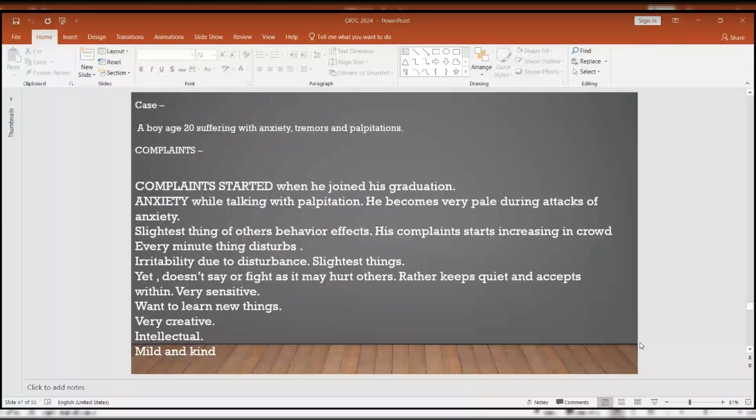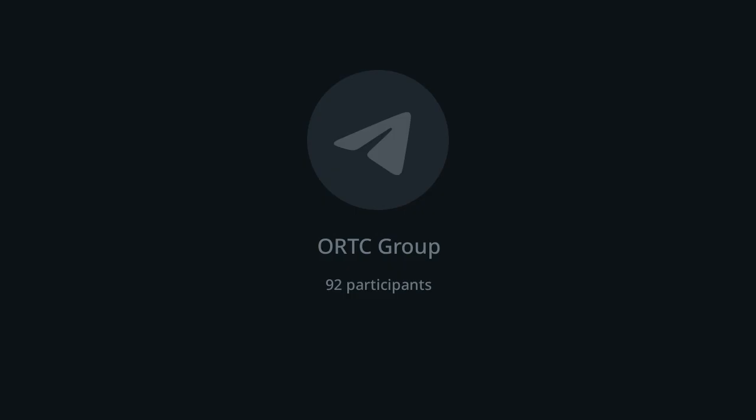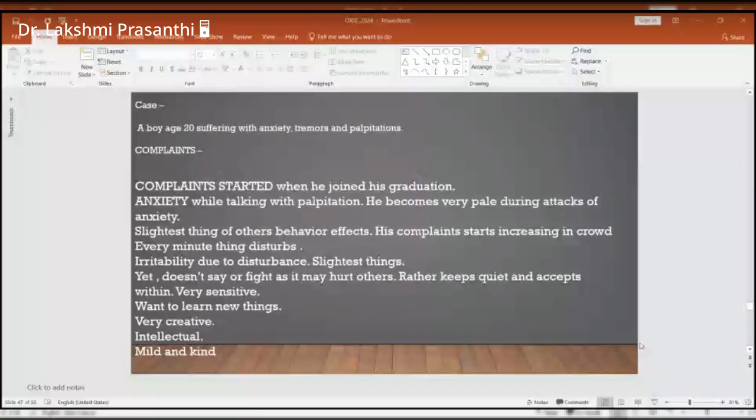But what he used to do is keep it quiet, accept everything within. And being a very sensitive person, very sensitive. And if asked about his history, the way he behaves with everyone, this kid was very creative, always wanted to learn new things, very intellectual, very mild and kind also.